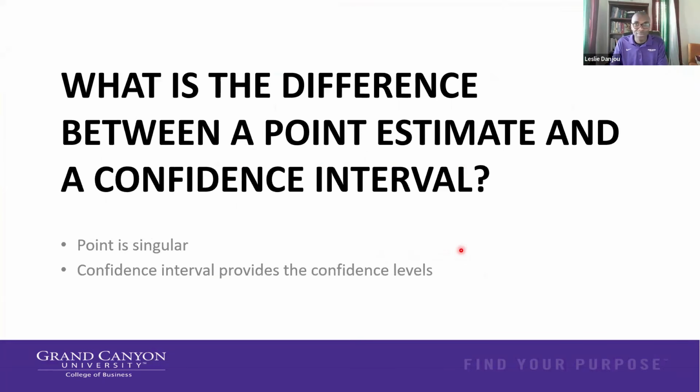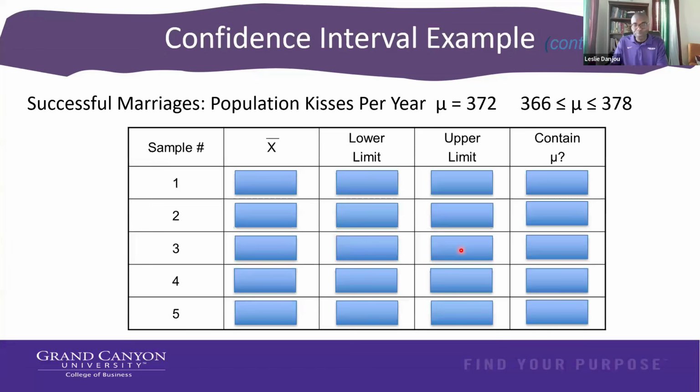Great. Here's a good example. Imagine a couple or couples wanted to find out if they will have a successful marriage or not. In your mind's eye, just imagine that the population's average kisses per year, in order to have a successful marriage, you need 372 kisses per year.